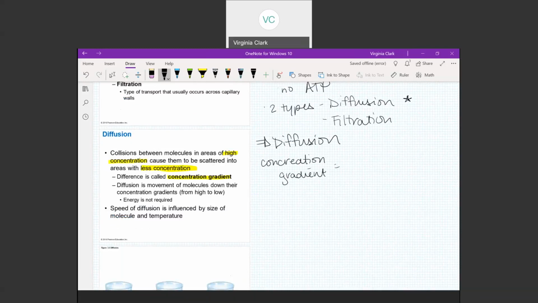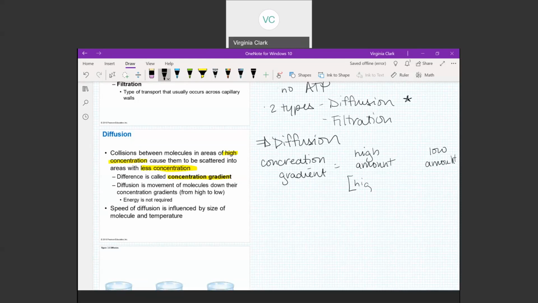And anywhere you have a high amount of something, by definition, if there's a lot of something here, somewhere else there will be low something. We are talking about a concentration, so it will be done in brackets.